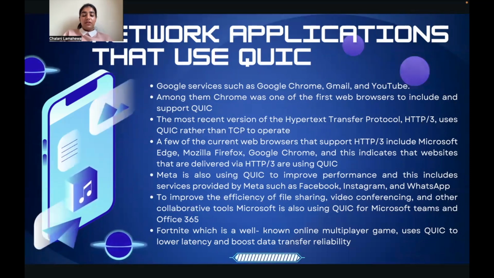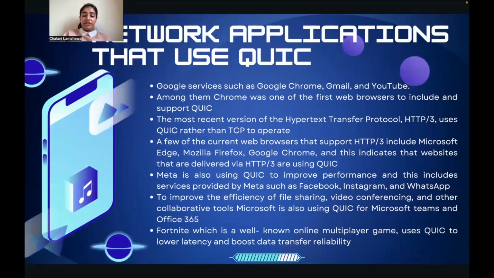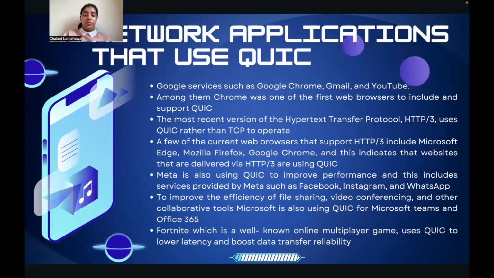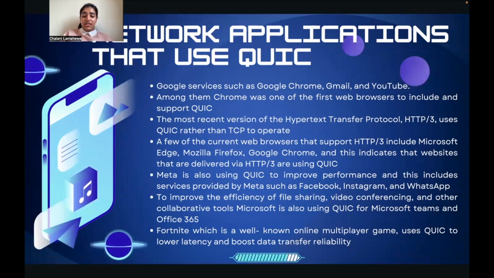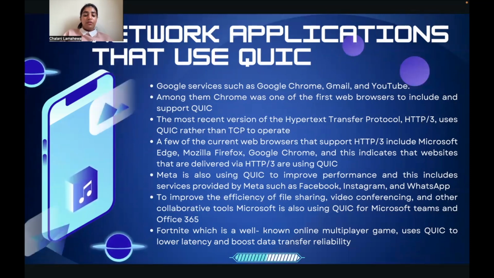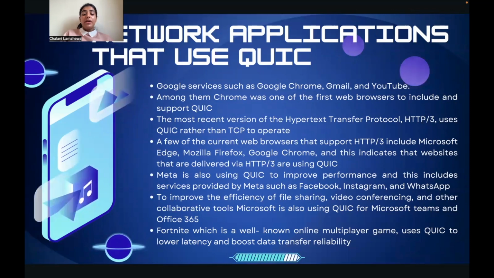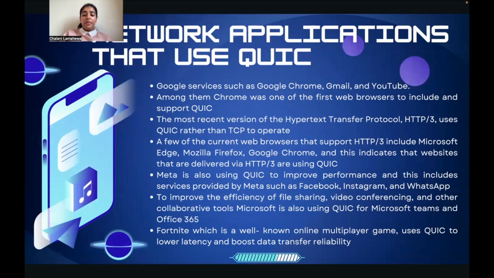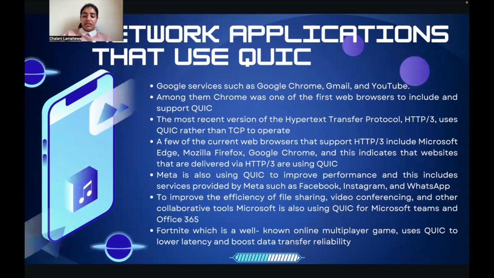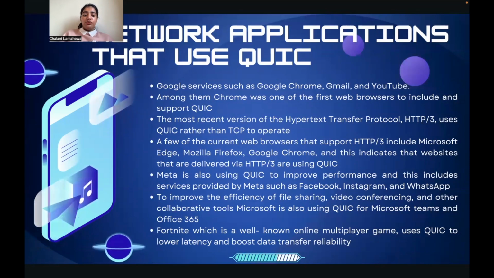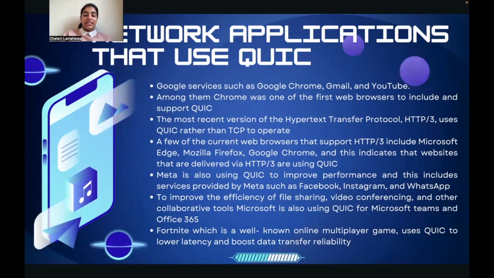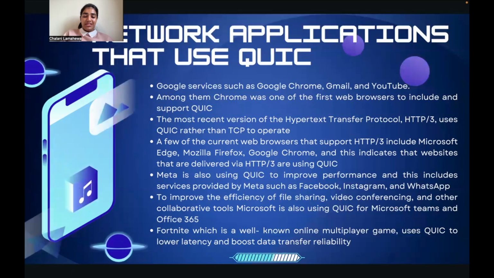To improve the efficiency of file sharing and video conferencing, Microsoft is also using QUIC in Microsoft Teams and Office 365. Fortnite, which is a multiplayer game that is very popular among this generation, is also using QUIC to lower the latency and boost the data transfer reliability.